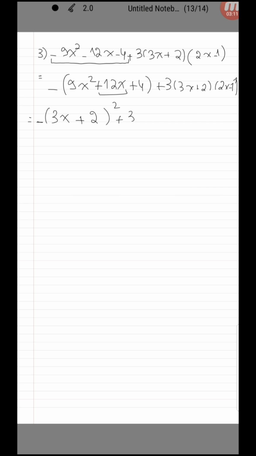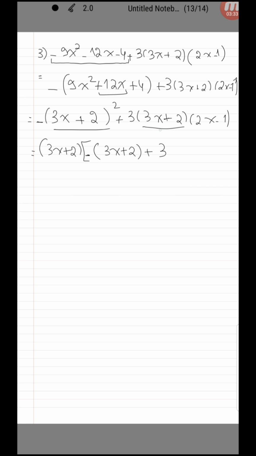Now plus 3x plus 2 times 2x minus 1. Now I take 3x plus 2 as the common factor. 3x plus 2, open brackets. I'm left with minus 3x plus 2 plus, 3x plus 2 divided by 3x plus 2 is 1, times 2x minus 1, close the brackets and expand inside the brackets.